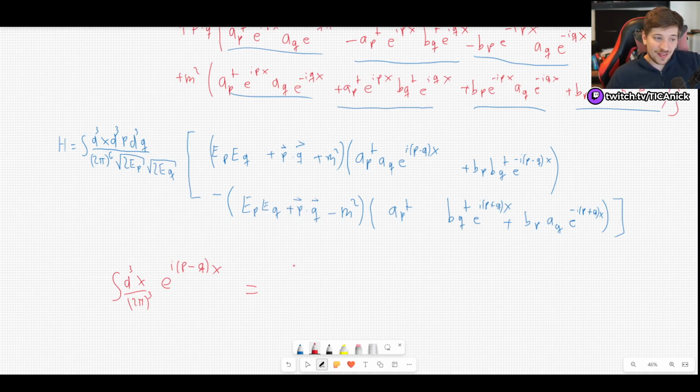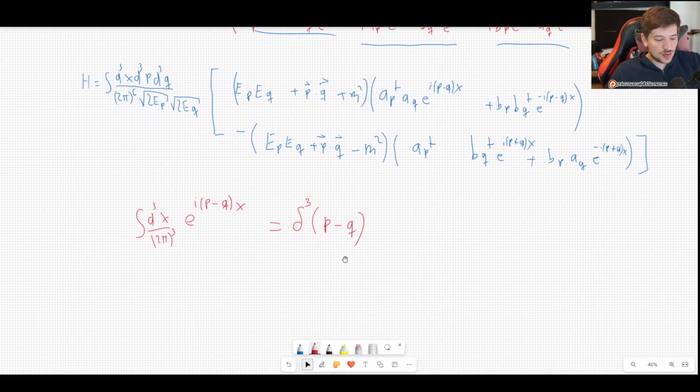What is this? This is simply the Dirac delta cubed of p minus q. You must know this definition, okay? It's very important, and it will come up literally all day long. It has already come up many times. I think I've stressed this already, but in case you didn't watch those videos or forgot, I tell you once again, learn this if you don't know it already. So that is important to know.